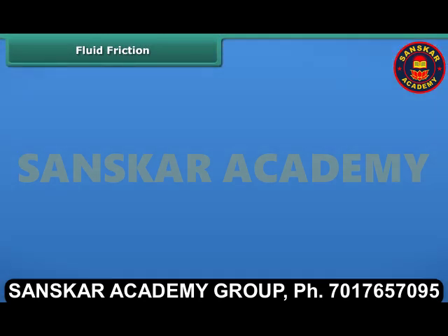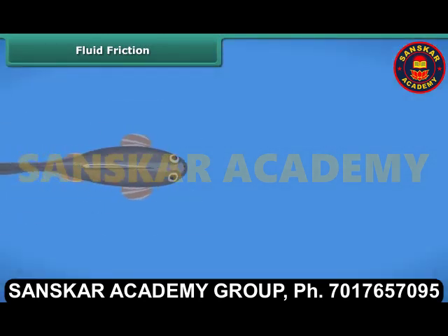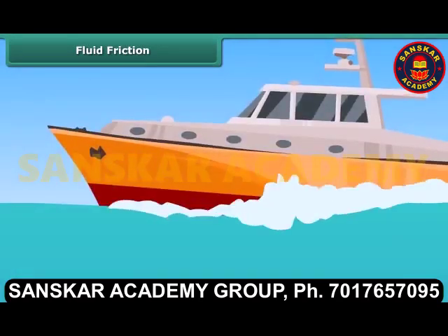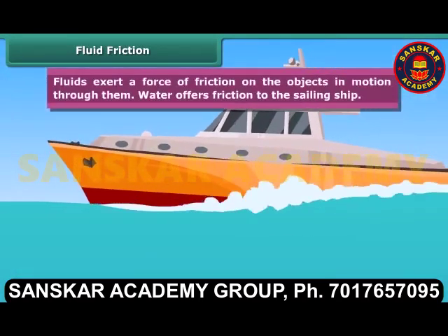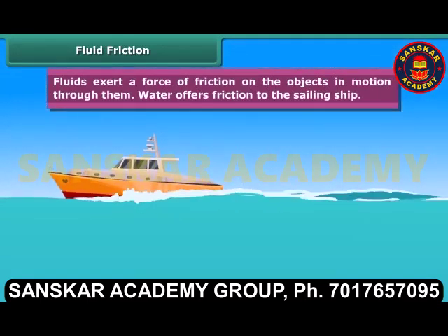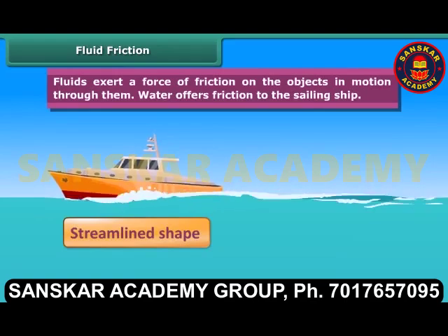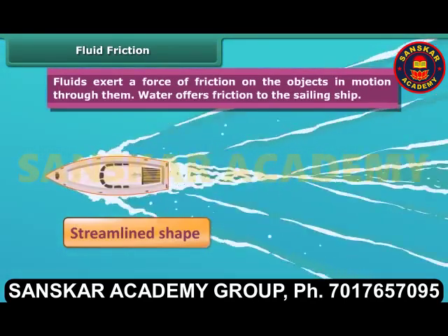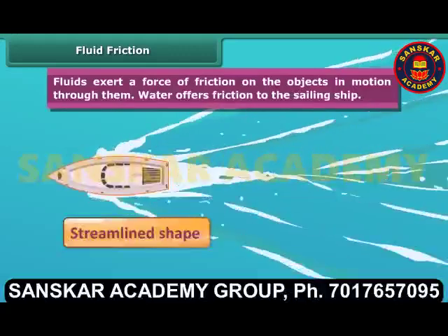The streamlined shape of fishes helps them in reducing the force of friction between their body and the water through which they move. Boats and ships are narrow in front and sloping on sides. This is known as streamlined shape. Streamlined shape reduces friction from the fluid medium through which these objects move.